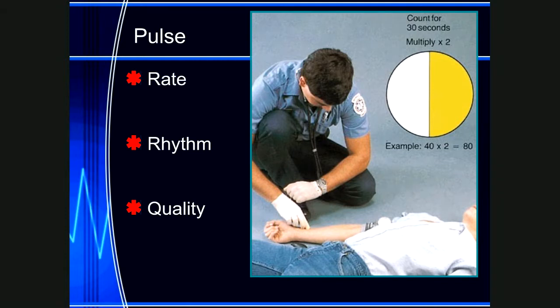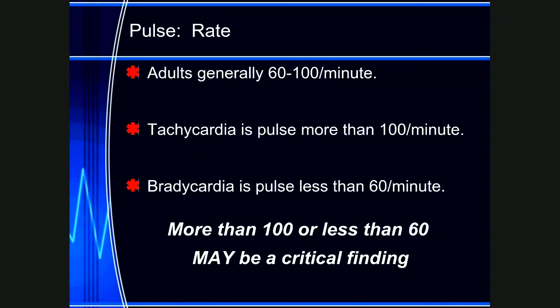We don't want to have beat, beat, then a quick pause, beat, beat, short pause, beat, beat, beat, 3 beats, and then a long pause. We don't want anything abnormal. We're looking for a steady rhythm of the pulse. Adults, pulse rates. Adults are generally 60 to 100 beats a minute.